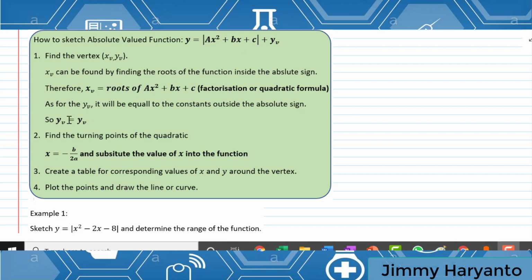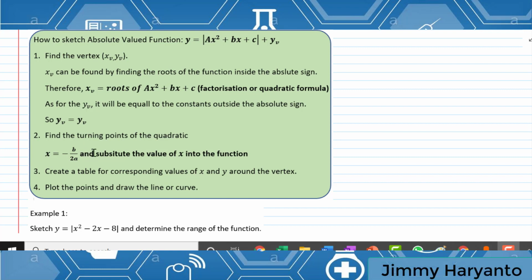For the second step, we have to find the turning points of the quadratic. As you know, quadratics have turning points. The turning point will be x equals negative b over 2a. This is the same formula as in the quadratic lesson.